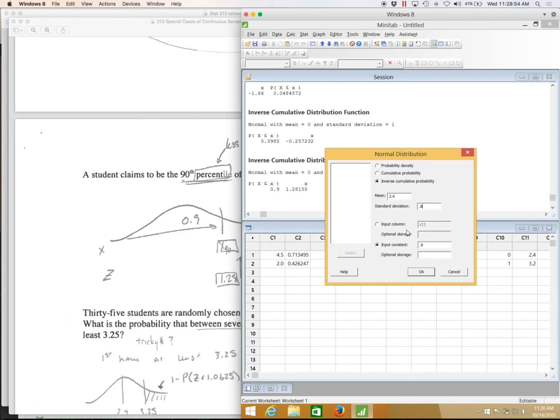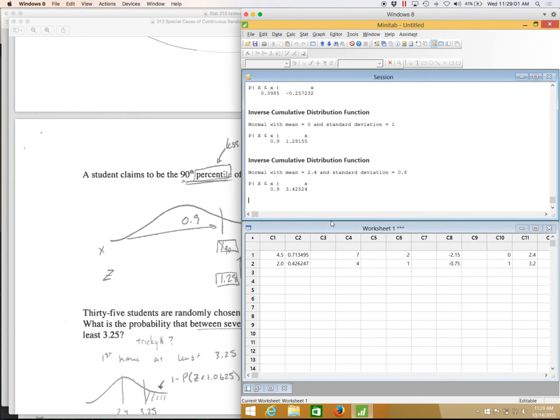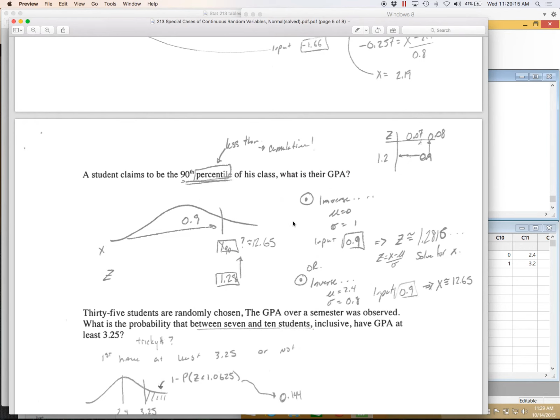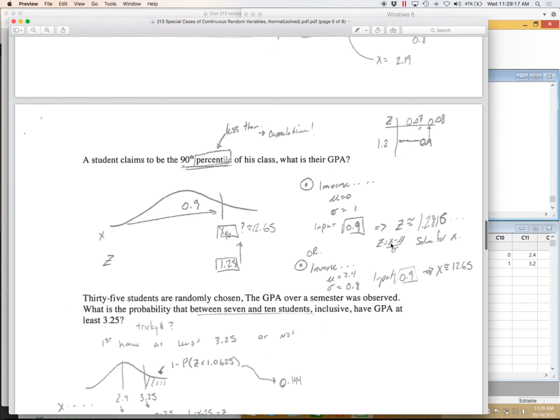I can still do the 90th percentile, but this time find it in terms of X, in terms of GPA. Whether I put this value into my formula and solve for X, or do it directly, I can find that the student at the 90th percentile has a GPA of 3.42 or whatever, 3.45-ish. So either way you do it, you should get the right answer.